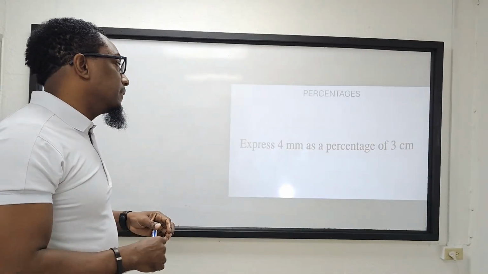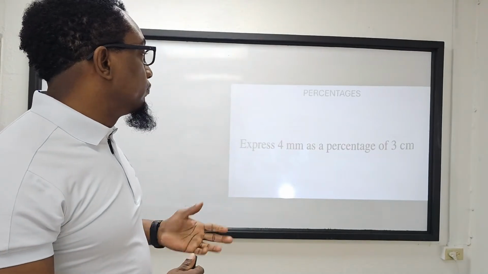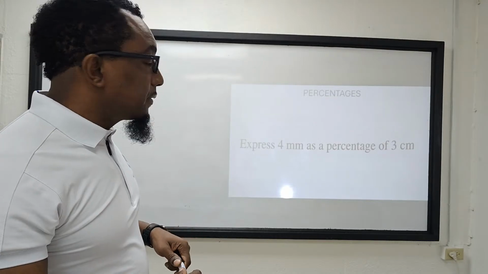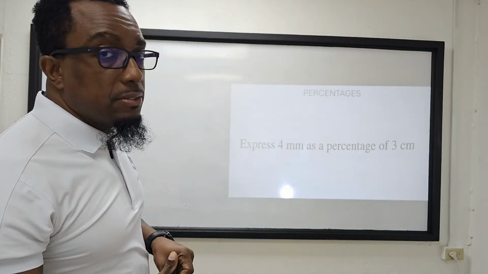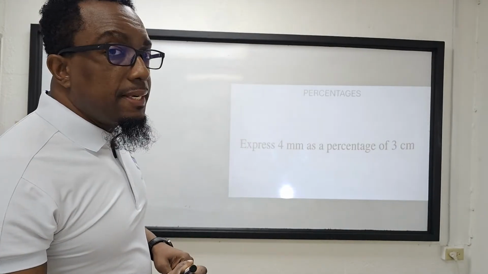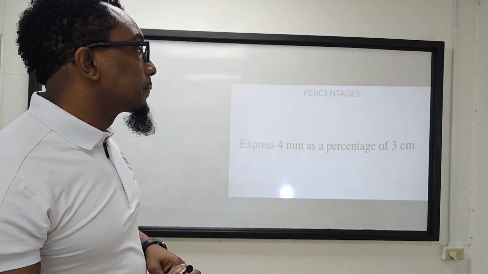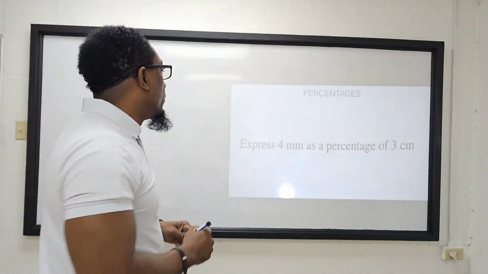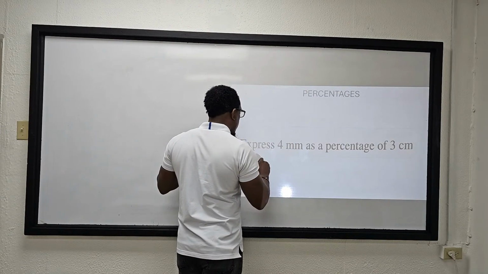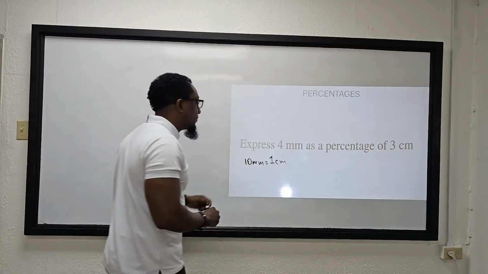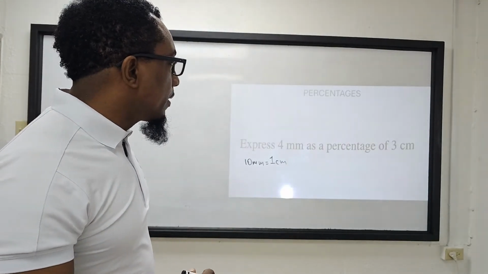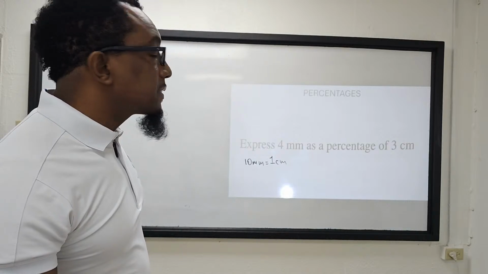So if we want, we can convert to the smaller unit, which is millimeters. Millimeters is smaller than centimeters. So if you want, you can convert 3 centimeters to millimeters. Okay? And note 10 millimeters is equal to 1 centimeter. Right? That's the relationship between millimeters and centimeters.